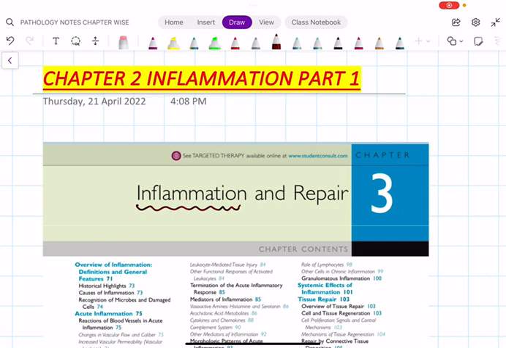Inflammation of organs, am I right? Everything. Usually the inflammation terminology ends with the word itis: peritonitis, orchitis, funiculitis. So all this means inflammation.